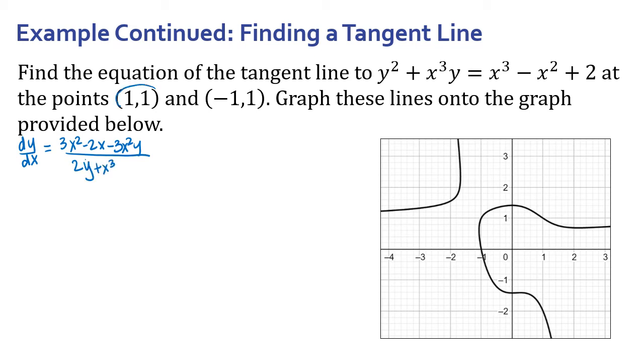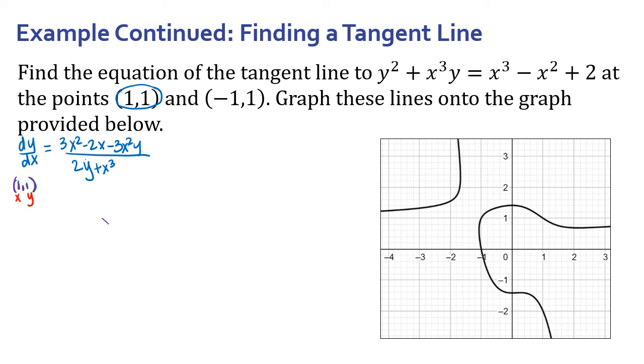If I was trying to find the equation of the tangent line at the point 1, 1, our x value is 1 and our y value is 1. So to find the slope of the tangent line there, it's finding the derivative at that point.